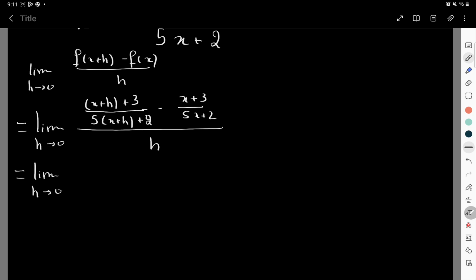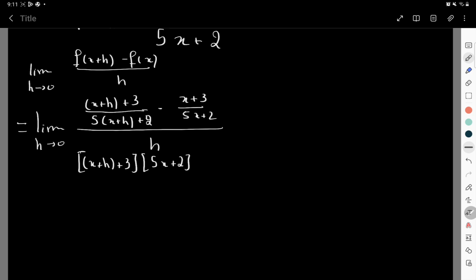Now, we have to tidy up the numerator. The numerator is the difference of two fractions. One easy thing to do is just to put everything under a common denominator. Notice that I kept the x plus h grouped, like I kept the x and the h in x plus h grouped together for reasons we'll see.